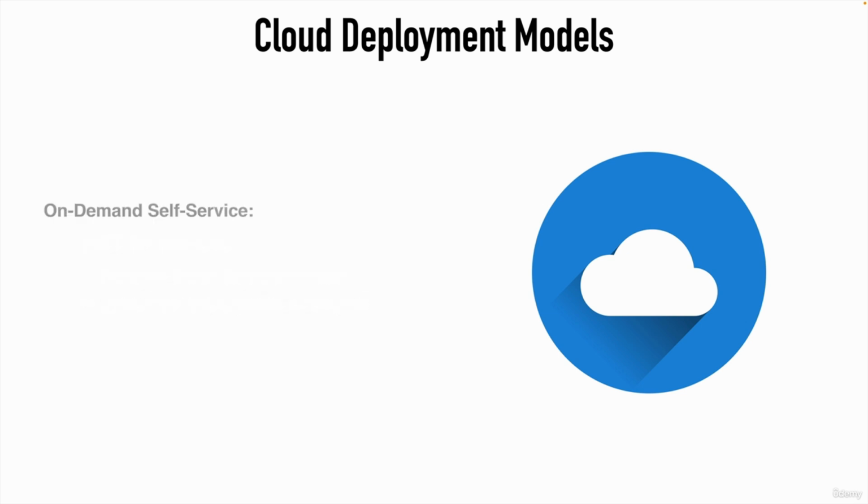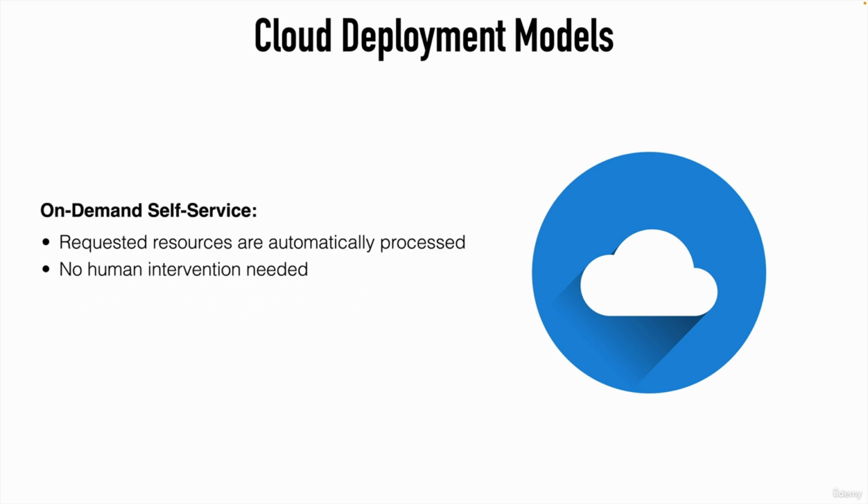First, there is on-demand self-service. This means that users can request more resources or services, which will be automatically processed by the cloud infrastructure without any need for human intervention. If you're familiar with Amazon Web Services, that's exactly how this works. You create an account and you use their Elastic Compute Cloud service to create a virtual machine with the resources and the storage that you'd like to use.